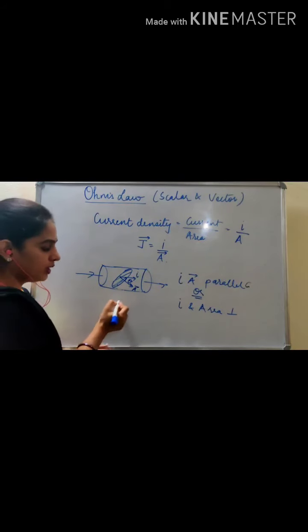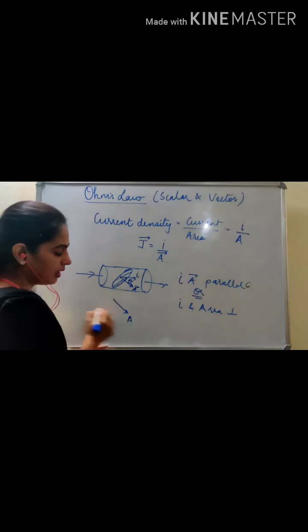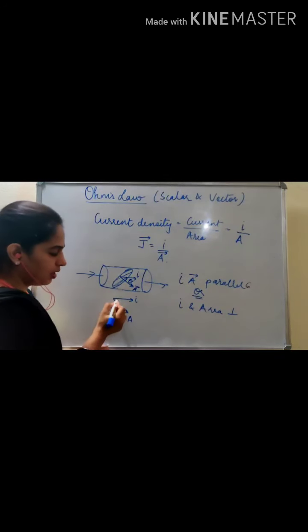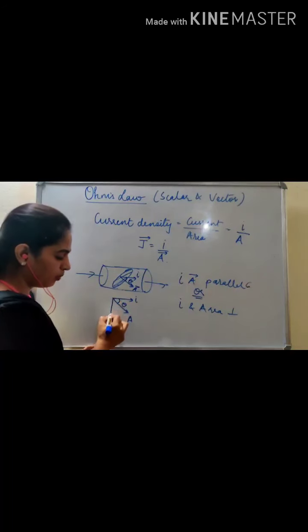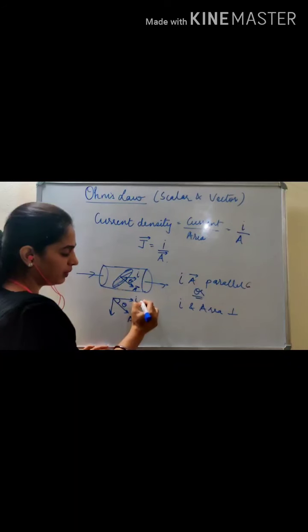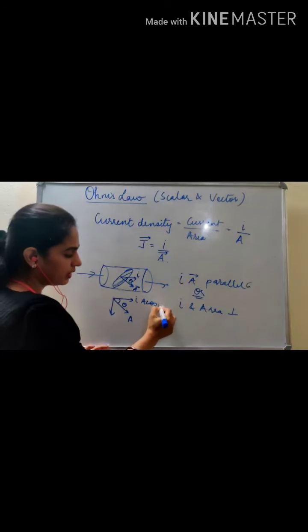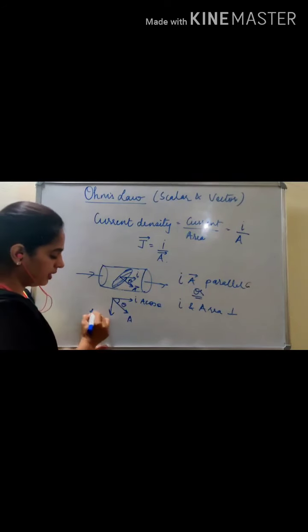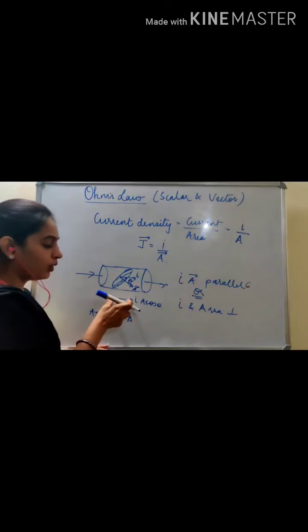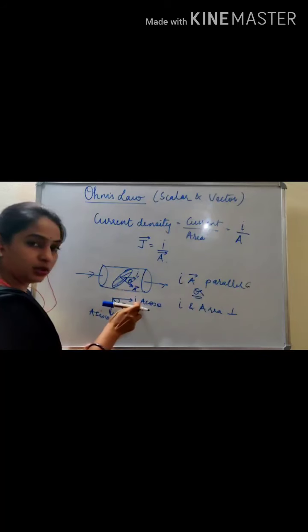So what do we do? This area A is like this, so it will have two components. This is theta, so this will be one component and this will be the perpendicular component. This component will be A cos theta, and this component will be A sin theta. Now see which component of area is perpendicular to current.